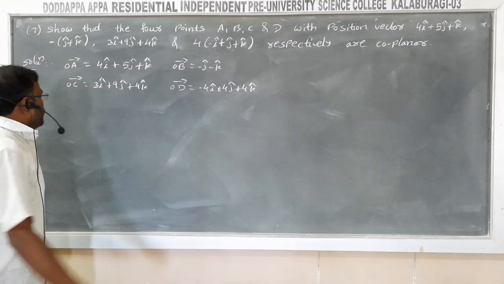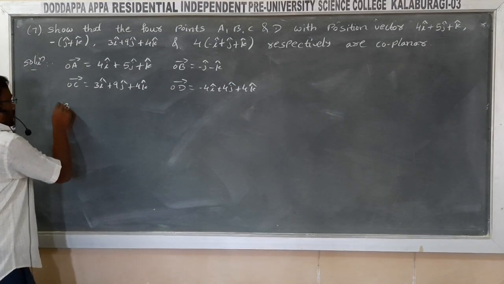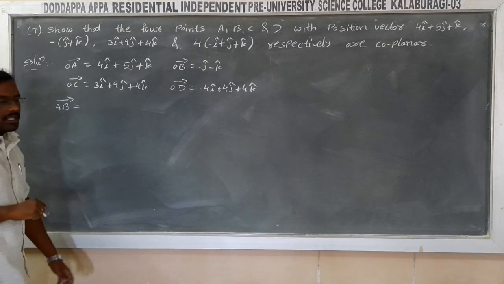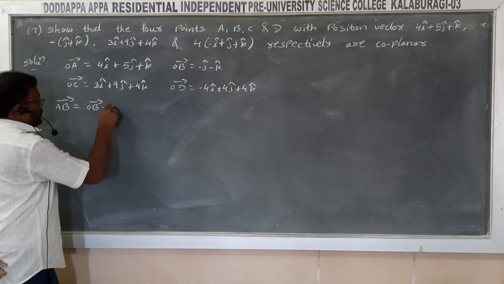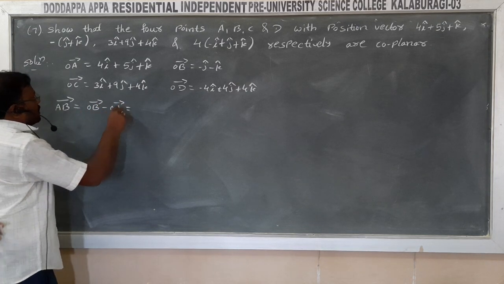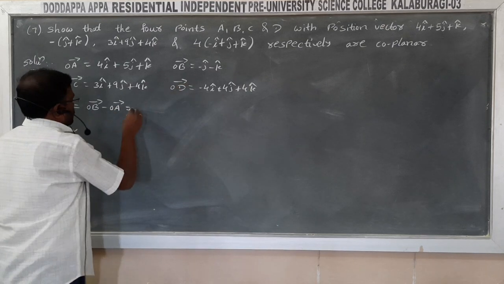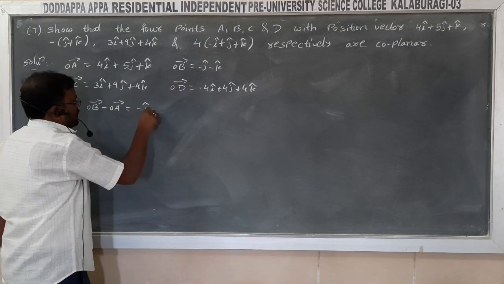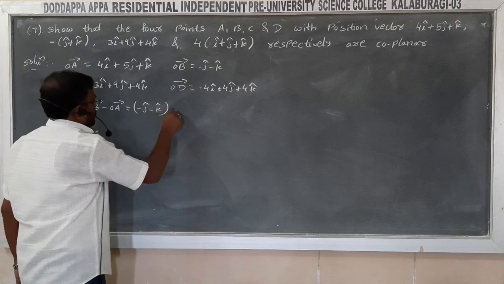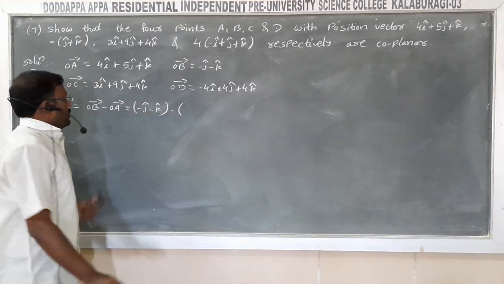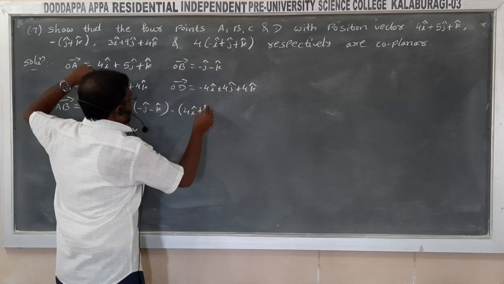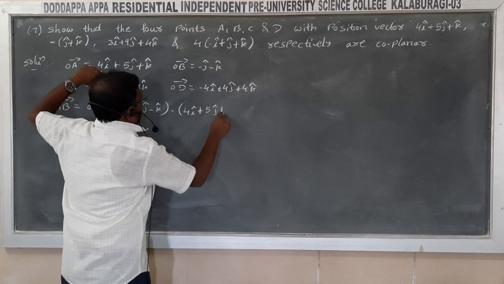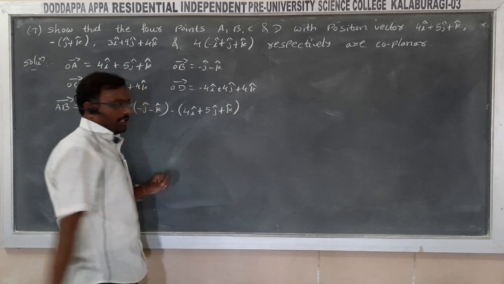Okay. Now you can find out vector AB. So vector AB means OB vector minus OA vector. OB vector is minus j minus k minus OA vector, OA vector is 4i plus 5j plus k.